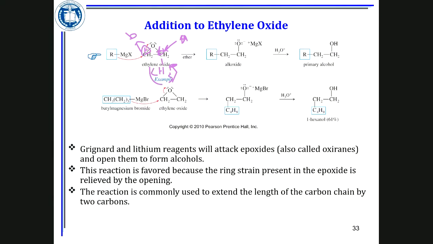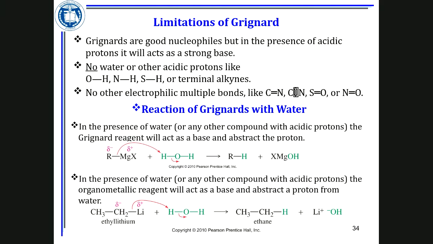The plus charge is going to be more stable on carbon A, so the attack would take place on carbon A. So it depends on the epoxide that you are dealing with, and also which carbon would take the nucleophile in. You might get a tertiary or secondary using epoxide.